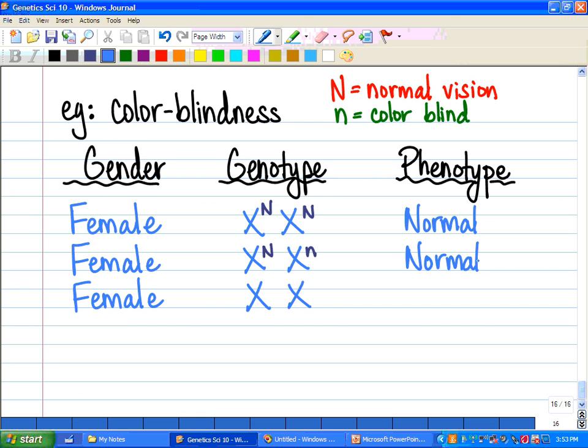And then there's a third option. What if that female had a colorblind allele on one X and a colorblind allele on the other? Well, now in this case, if you're homozygous recessive, you are colorblind. So that would be the genotype for a colorblind female.